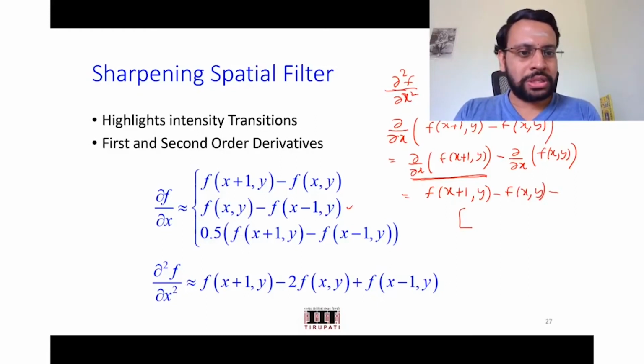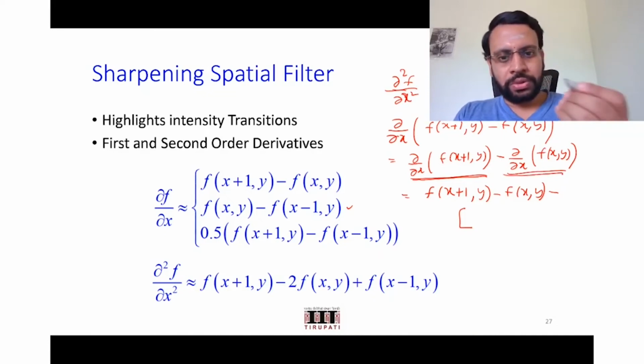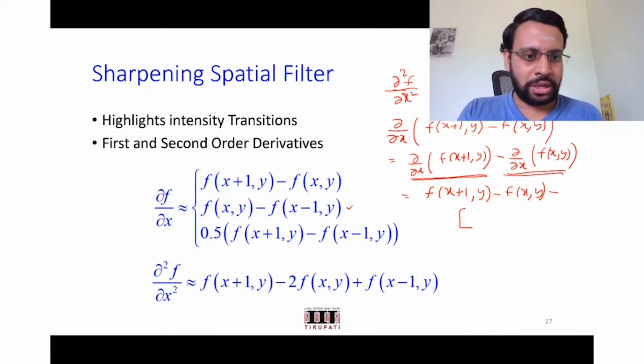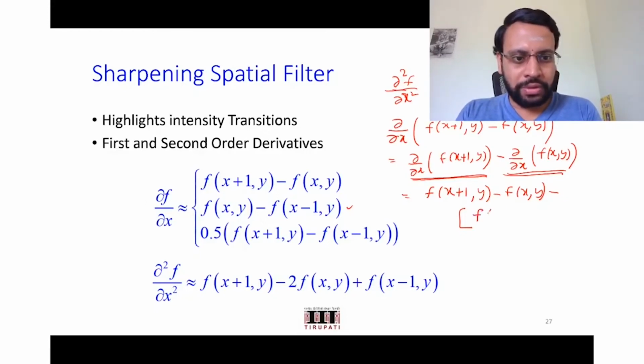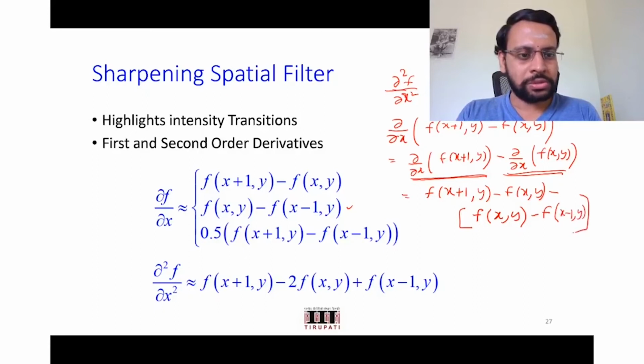Now for this dou by dou x of f of x comma y, I could either use the forward difference or backward difference. There are different ways you could write it, but since I have used backward difference here, let me use the same here: f of x comma y minus f of x minus 1 comma y.